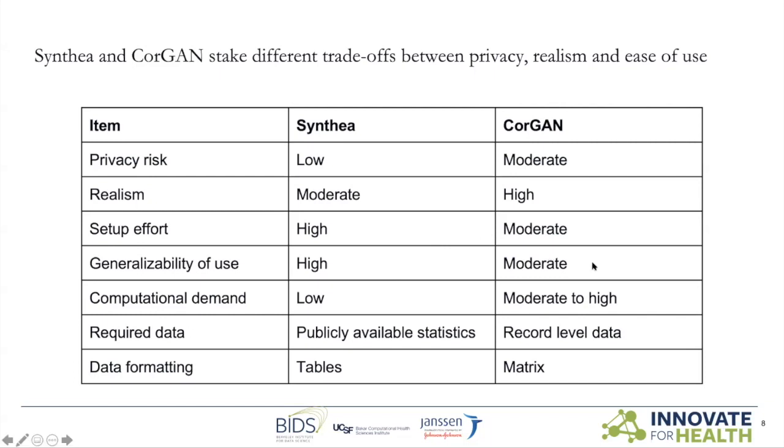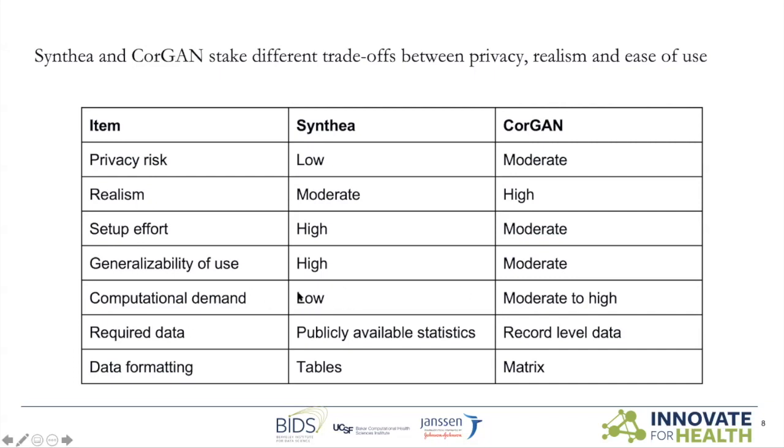For CorGAN, because it relies on extracting a particular matrix of data, it's often, although not always, fairly limited to a particular use case that was in mind when creating that original data matrix on which the GAN was actually trained. And so the generalizability can be less than that for Synthea.